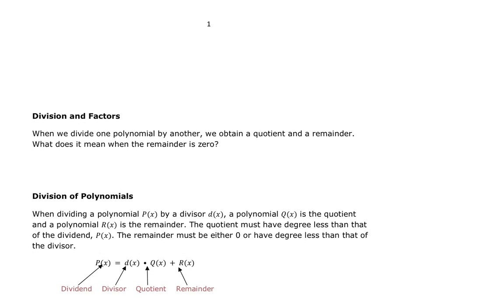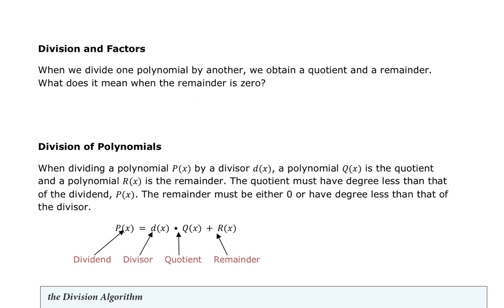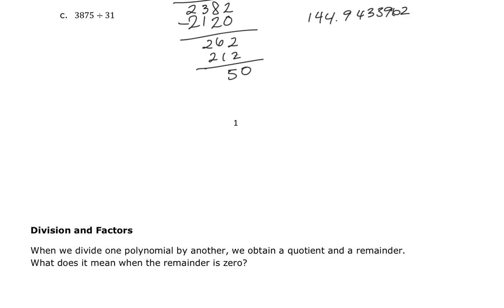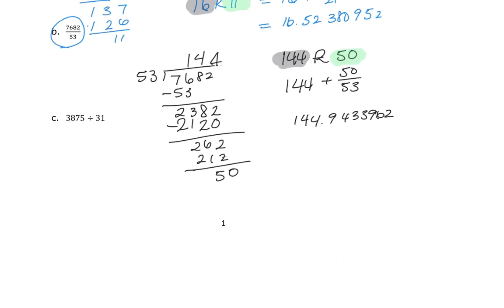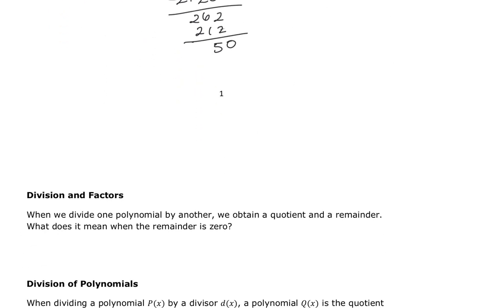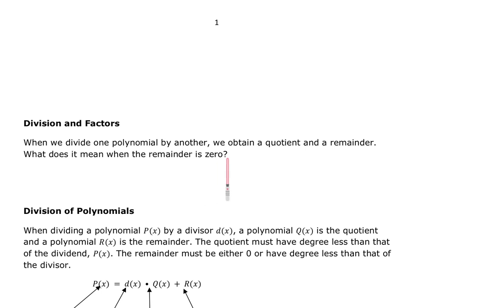When we do it with polynomials, we will still get a quotient and we'll still get a remainder. If the remainder is 0, which it wasn't up here, that means that 53 is a factor of 7,682, which did not happen in these two cases, but if it did, that's what it means. Same thing happens with polynomials.